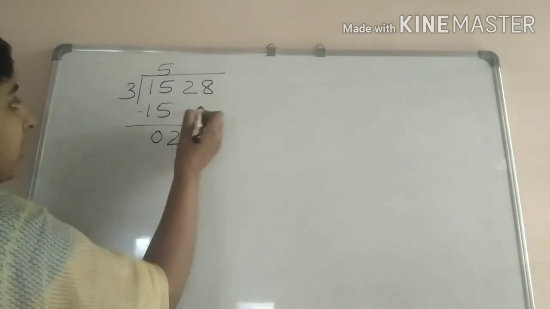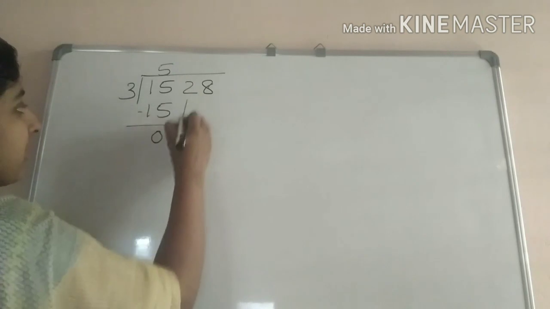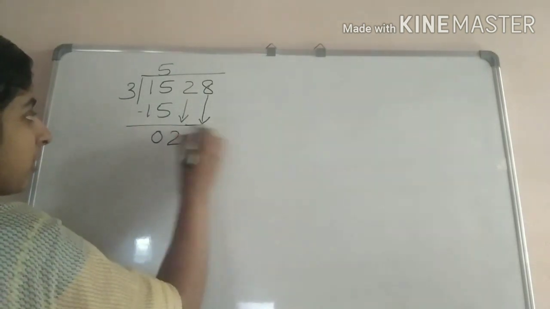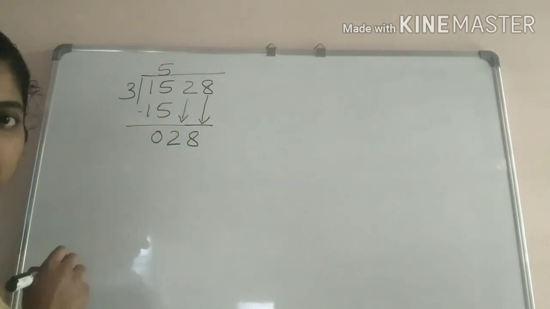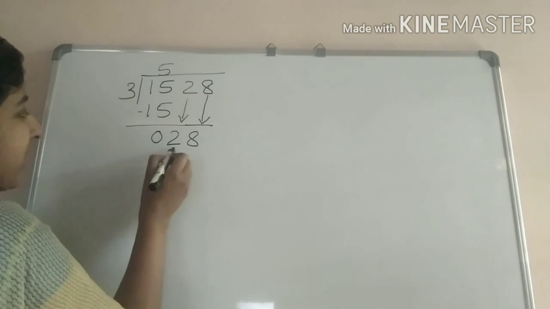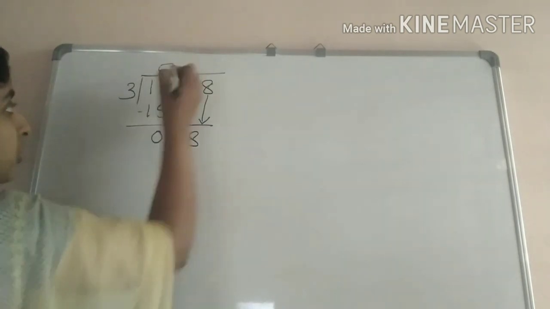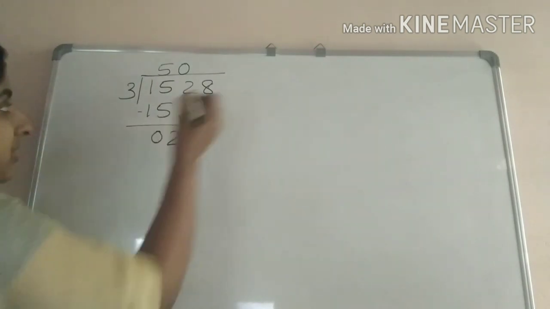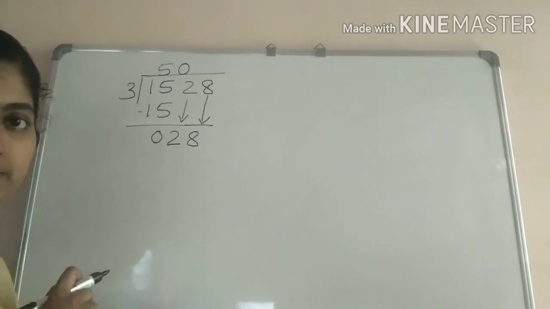So, first we take this 2 here. We take this 8 also here. So, this 2 is not divisible by 3. So, we put a 0 in quotient and take this 8 here.